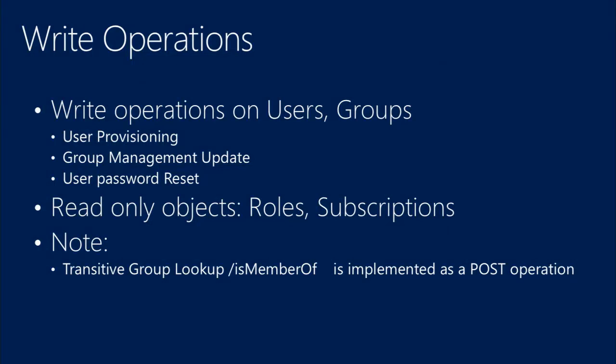That operation is not a get operation. It's actually a post operation. However, you're not actually posting anything. You're not changing any data. But we did have to implement it as a post operation versus a get. I won't get into details right here, but there's some nuances that forced us down that path. But you should just make a note of that.